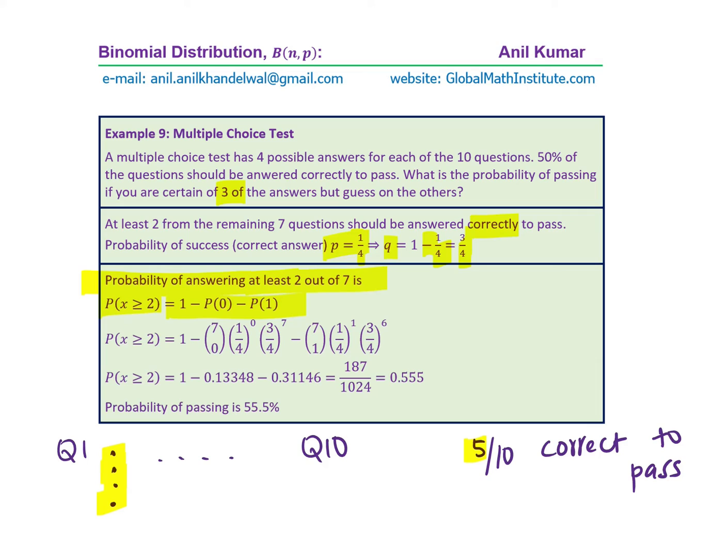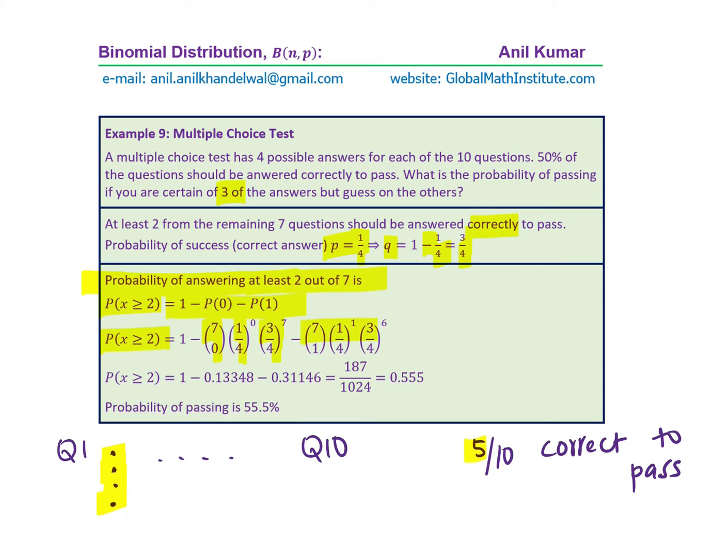So we'll use the complement. Greater than or equal to 2 means 1 minus not getting none of them, 0, and not getting 1. So that is what it is. From 7 we choose 0 to be correct, so 1 over 4 to the power of 0, 3 over 4 to the power of 7 incorrect, right?